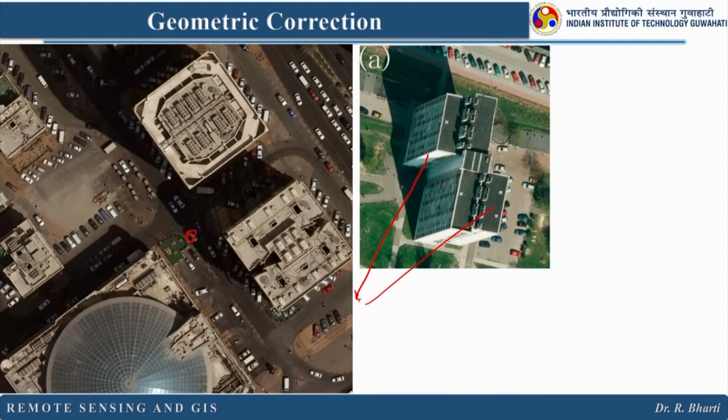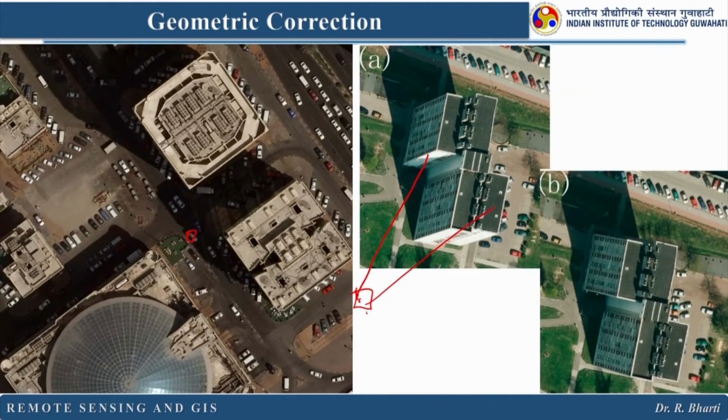Just extend this vertically up and then you can visualize. Here, for this pixel there will be no side view, but pixels away from the nadir may have information from their sides. That indicates the sensors used to capture this image were not nadir looking.